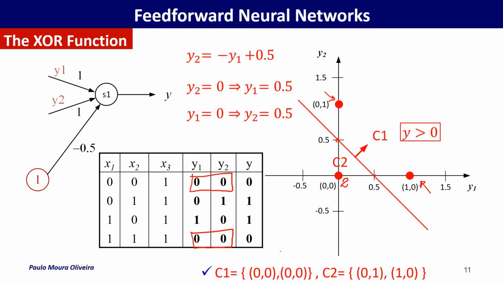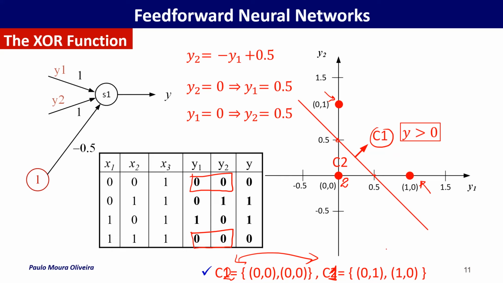According to the figure, they are switched. But you can see that one of the classes has 0 0, in this case it should be C2, and the other one, C1, should be 0 1 and 1 0.